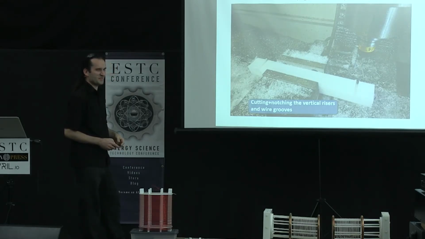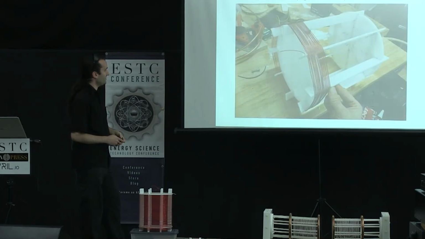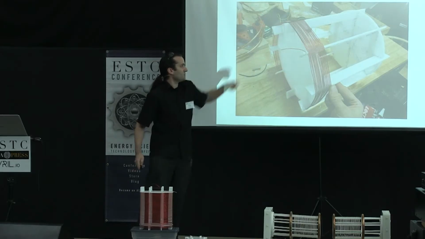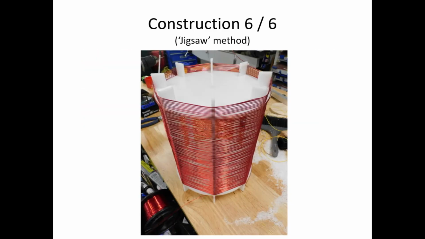A CNC machine is really nice, but you can do it with a handsaw, file, things like that, to cut the wire grooves at a specific distance apart. And once you have them all cut together, assemble it and wind the wire around it. Usually use a little starter hole to keep the magnet wire from slipping. Doesn't have to be perfect, maybe an hour or two really carefully, and not a whole lot of work, and by the time you're done you have a Tesla coil.